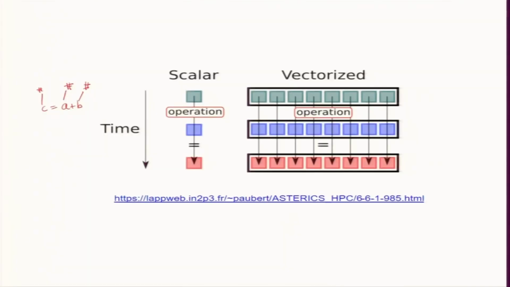However, modern CPUs have bigger registers or a bigger L1 cache. So, instead of one number at a time, suppose I have large arrays A and B and I want to add element by element. That means I am adding A_i plus B_i equal to C_i, where i ranges from 0 to 1023.